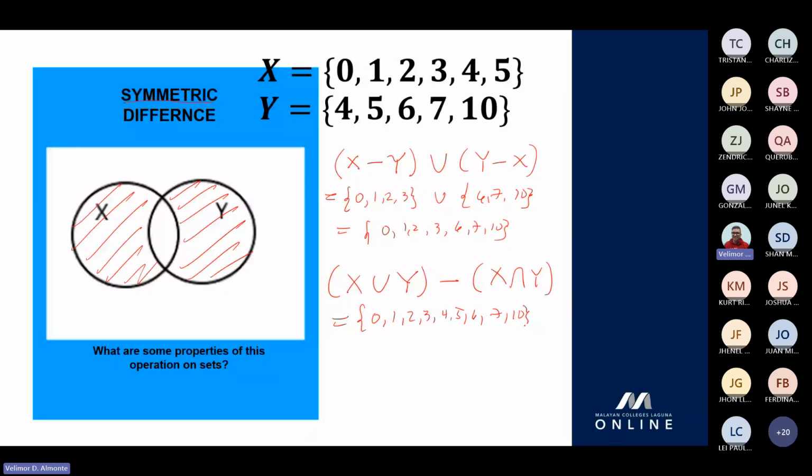Union minus intersection, the set containing 4, 5, delete 4, 5. Then we get 0, 1, 2, 3, 6, 7, 10. As you can see, they give the same result. This is called symmetric difference.